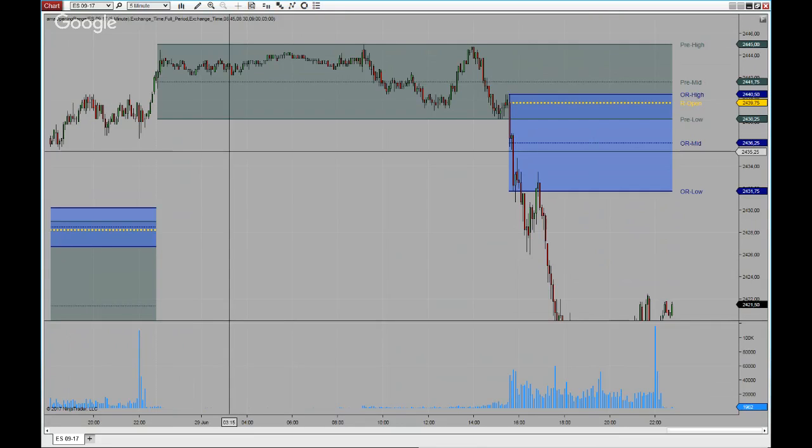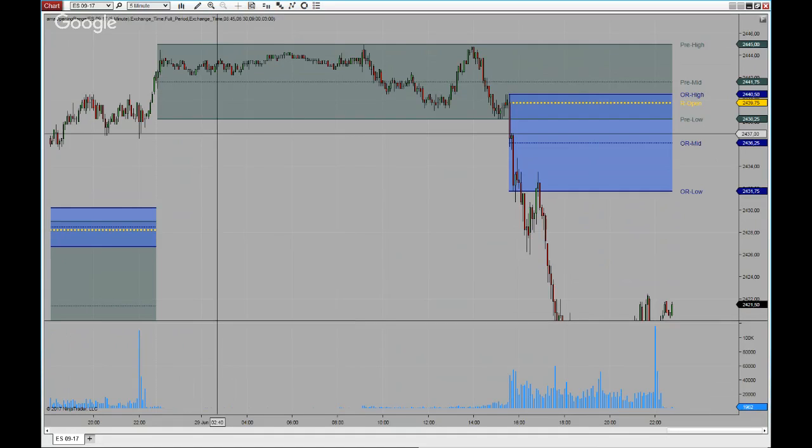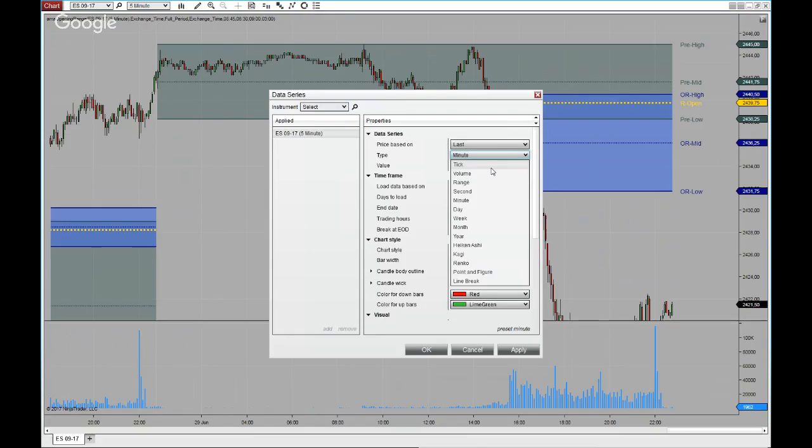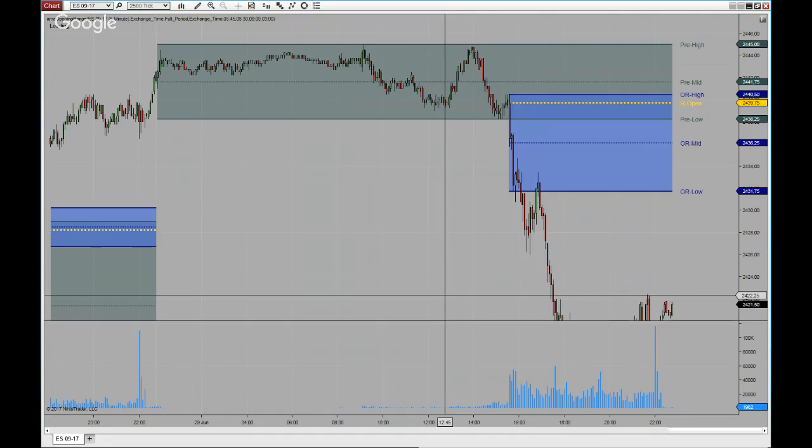Another thing is, if you change this to a tick chart now, we want to pay attention to this particular open because it's not time-based. So we will see now if this is plotting the correct open.